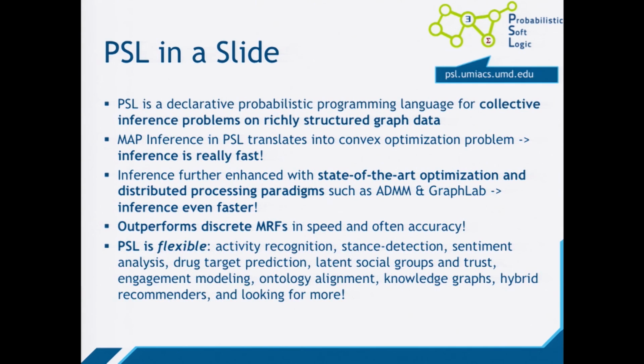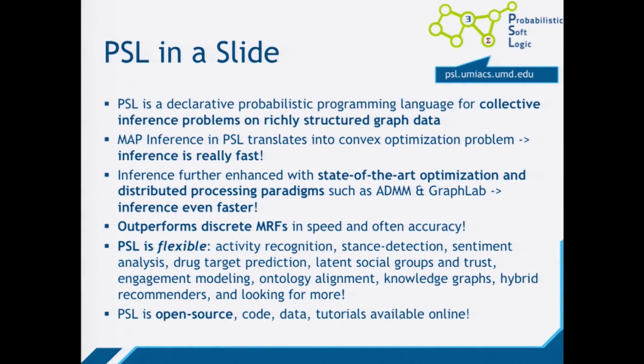We've applied it to a whole range of problems. And again, this is something that I'd love to talk more about: problems in computer vision, problems in natural language processing, a lot of problems in computational social science. So how do you make use of sentiment, trust, and so on, and a lot of things for information extraction, so knowledge graph extraction and so on, some biological networks, drug target prediction, and so on.